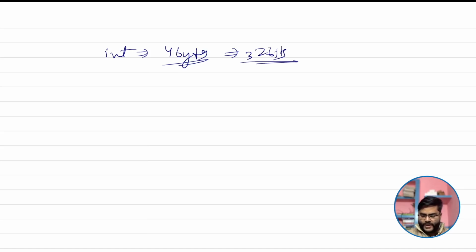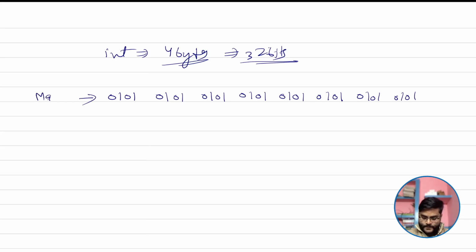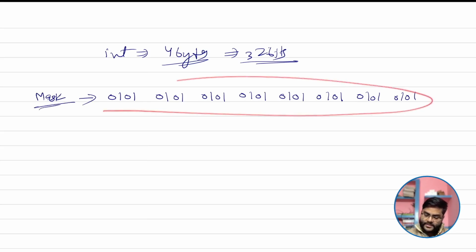So if you write 0 1 0 1 0 1 0 1, 32 bits in total, let me write 0 1 0 1 0 1 0 1 0 1 0 1 0 1 0 1 0 1 0 1 0 1, that is 8 groups of 4 bits. Okay, so this will be my mask.